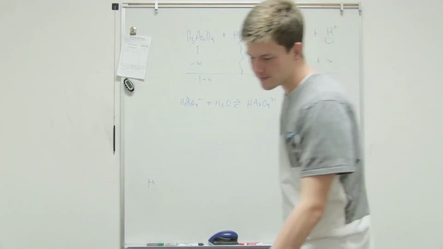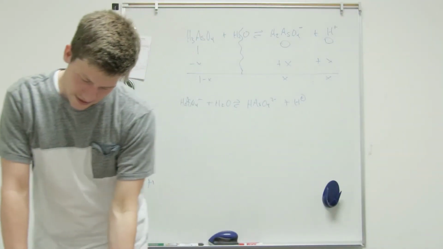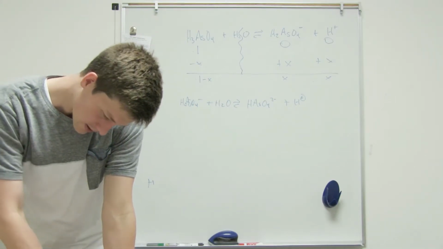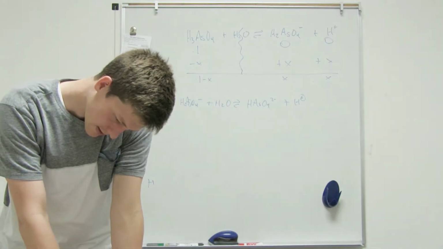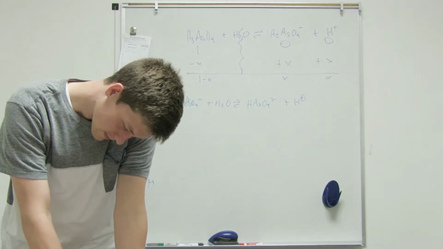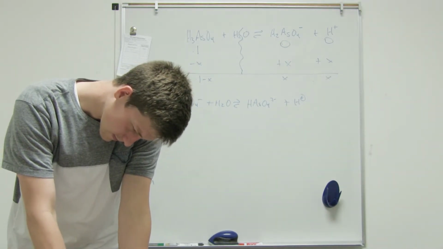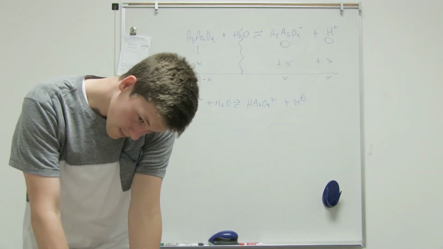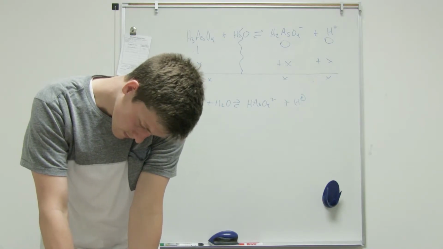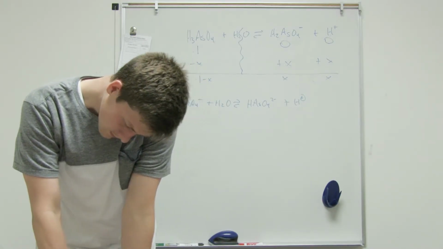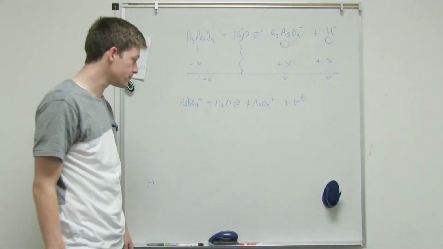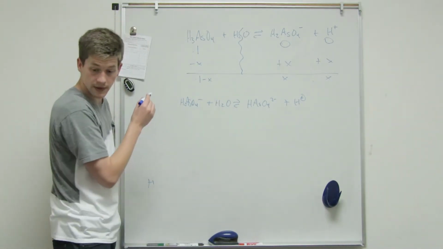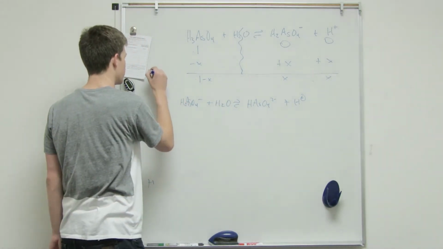Okay, so here's our K1, right? So our K1 is 5.8 times 10 to the negative 30.